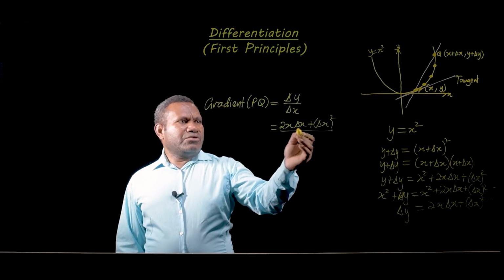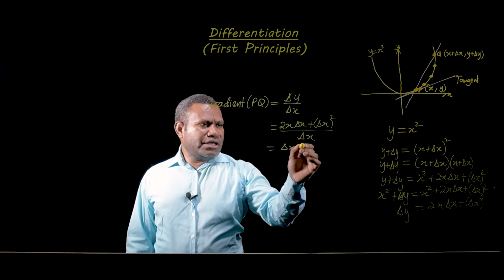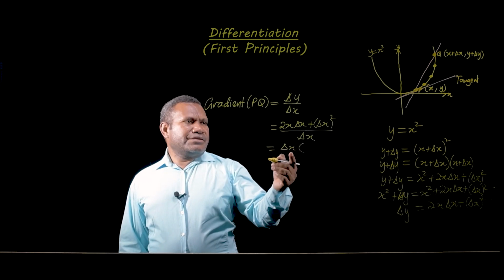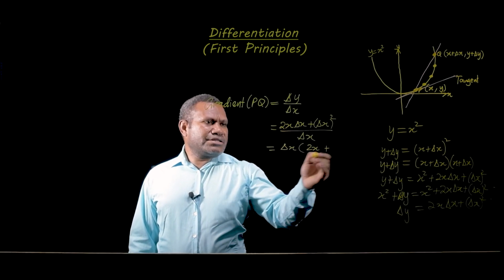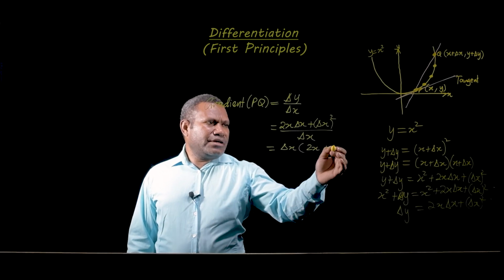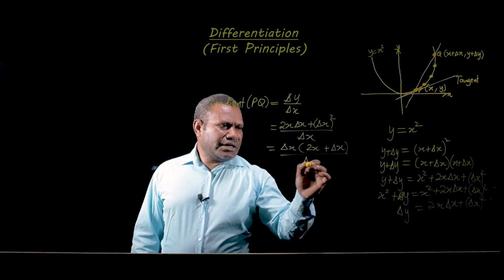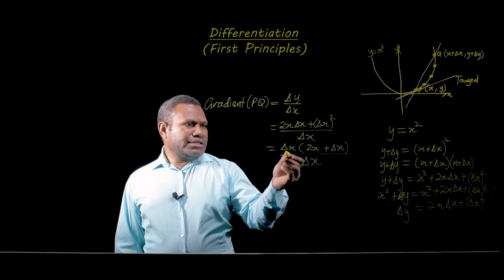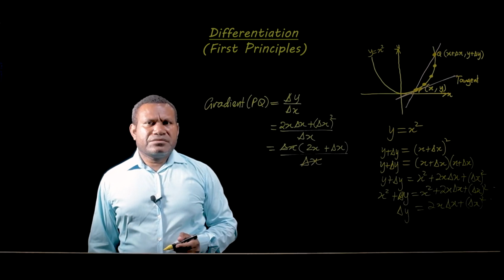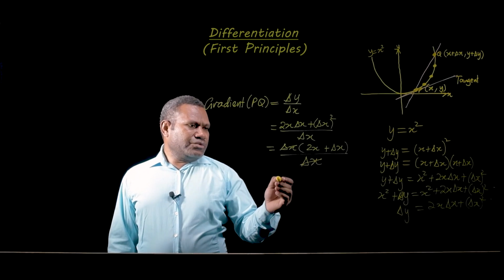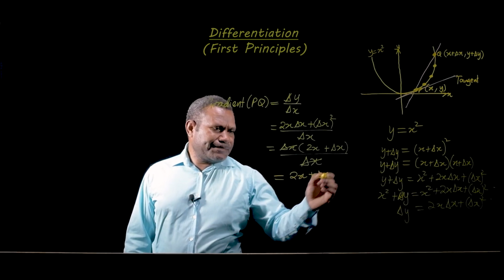In the numerator, the highest common factor is delta x, so we can take delta x outside: 2x plus delta x, all divided by delta x. Delta x and delta x cancel out because they are common factors, so we are left with 2x plus delta x.